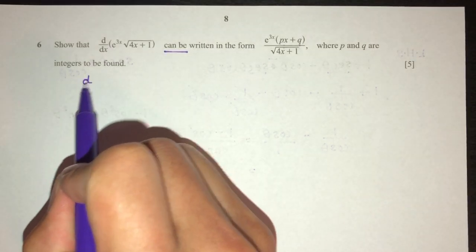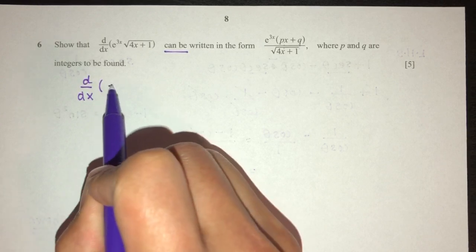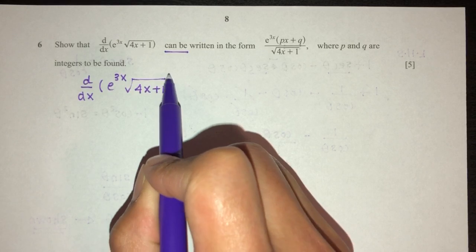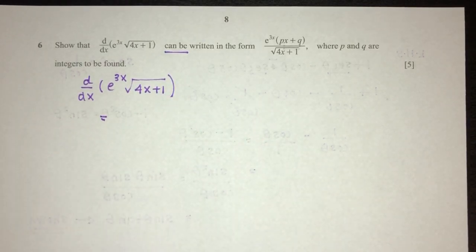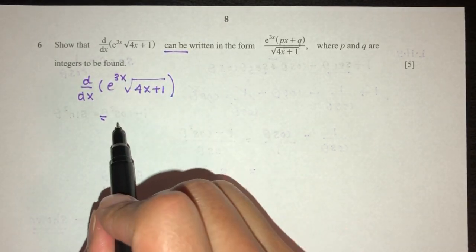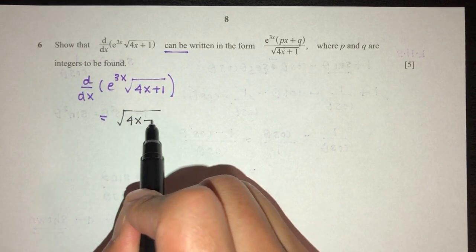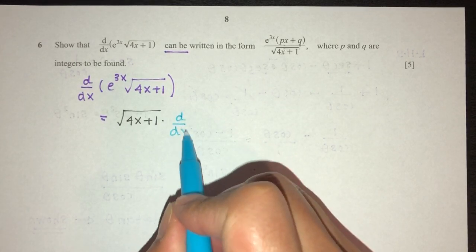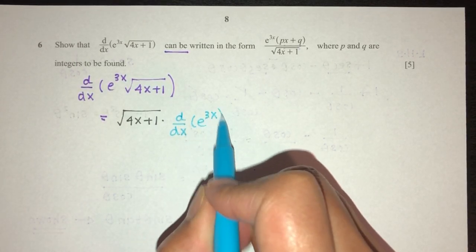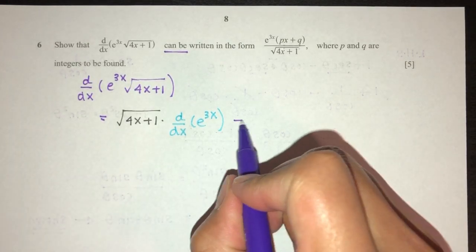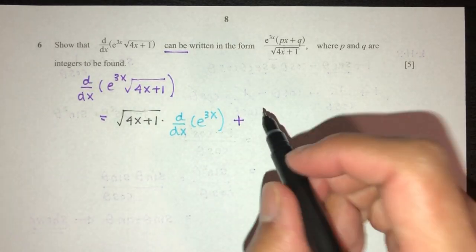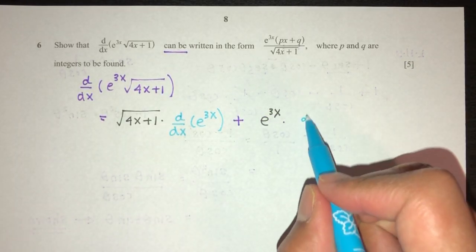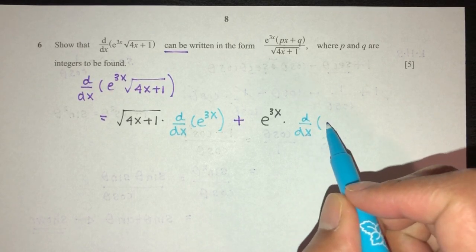So d by dx of e power 3x times the square root of 4x plus 1 is equal to, first we write down the second term by itself, then we multiply by d by dx of the first term, and this is of course plus, and then we write down the first term by itself, multiplied by d by dx of the second term.